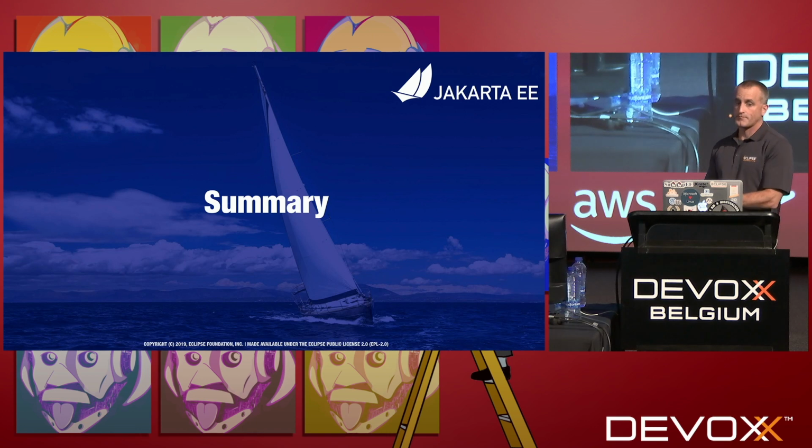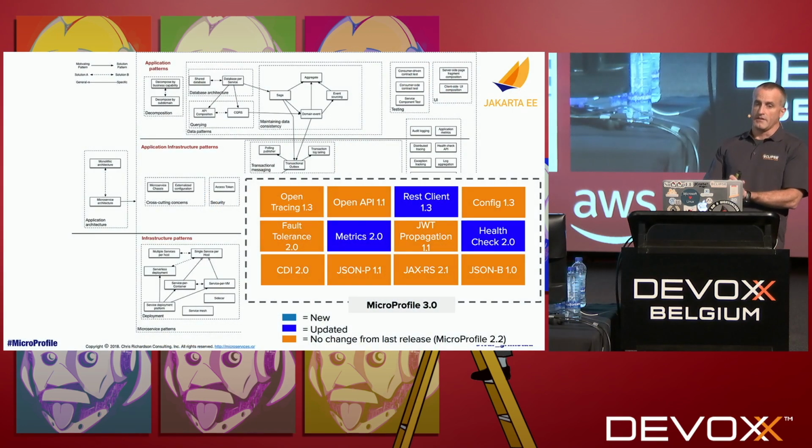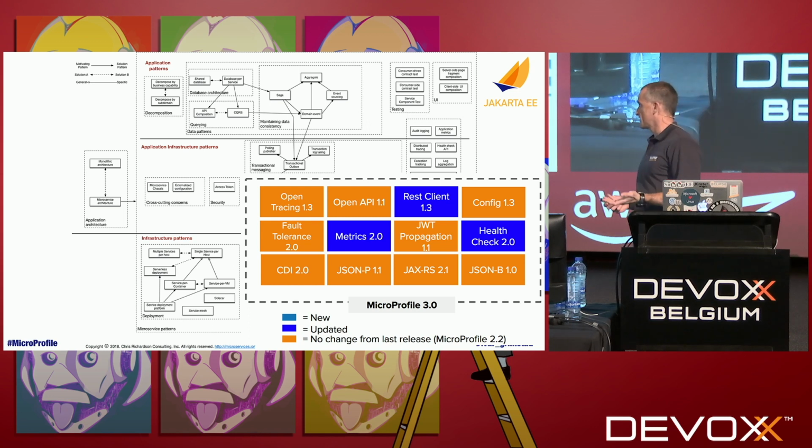So to sum up, the microservice patterns have been borrowed from Chris Richardson, who's written a book of microservice patterns. He has a site, microservices.io, where you can find information on all these patterns.